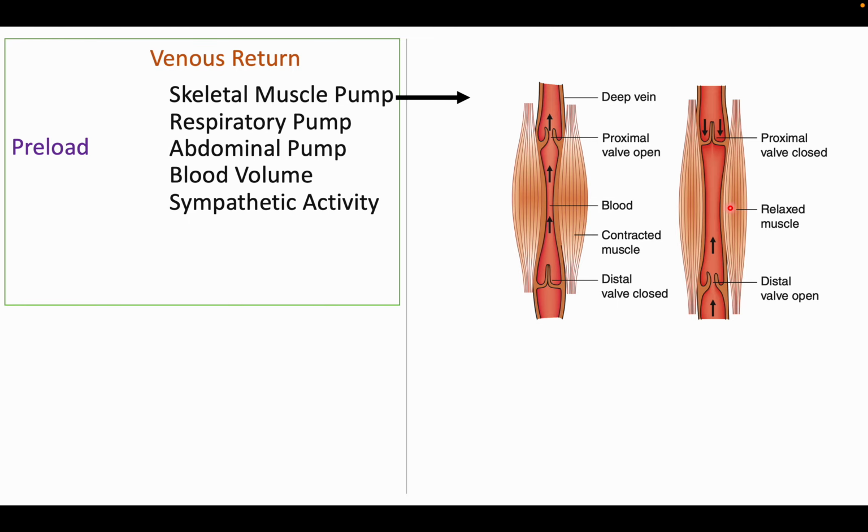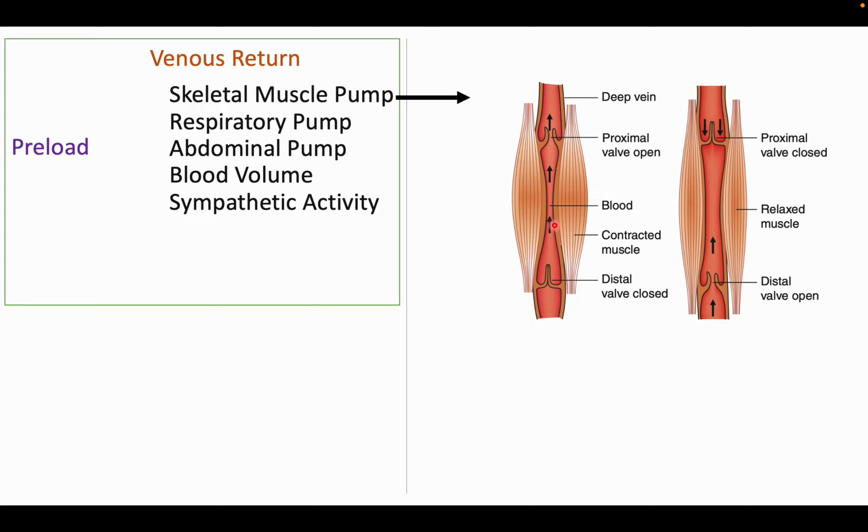But when the muscle is relaxed, the veins are relaxed, veins are dilated. Now the blood which is in the proximal part cannot go down because the valve stops it, and it remains in the upper part. So at last, skeletal muscle increases the cardiac output, because the one way valve helps in the unidirectional flow of the blood during skeletal muscle contraction.